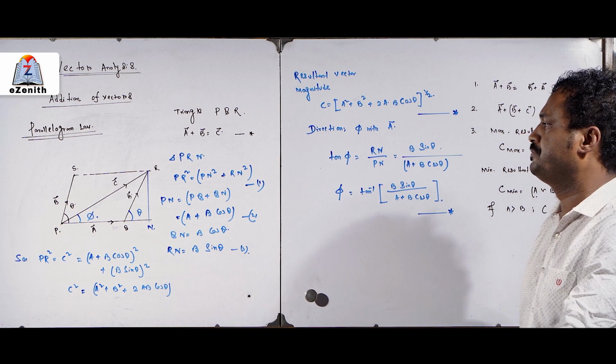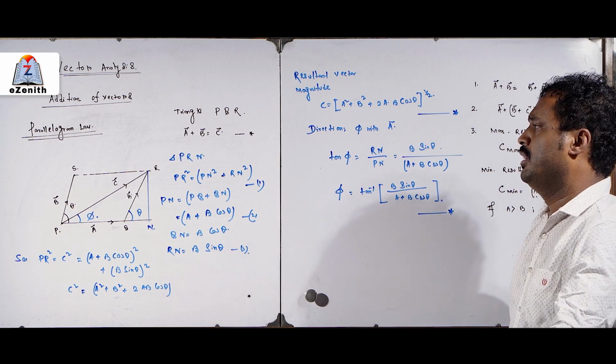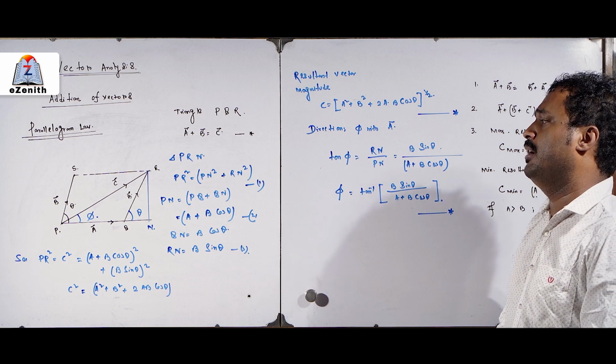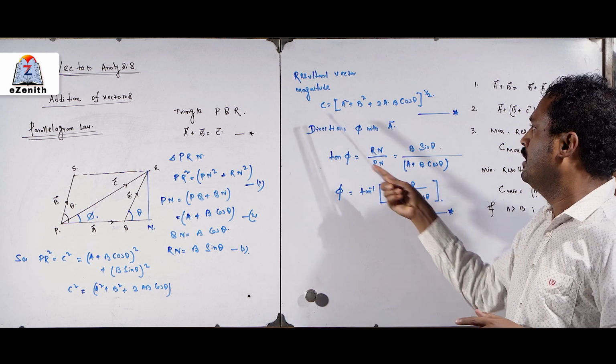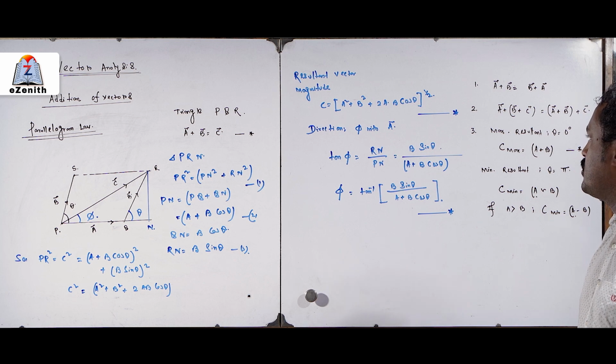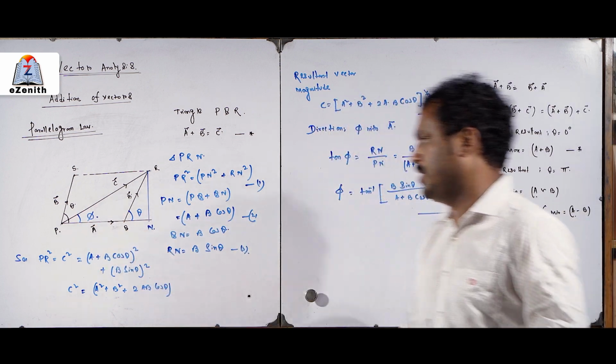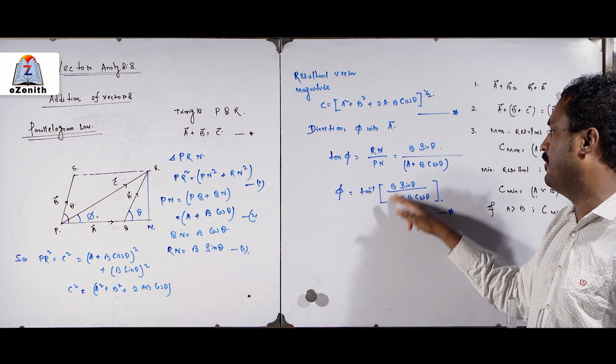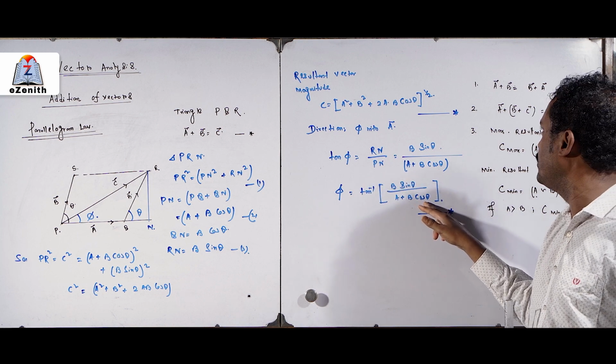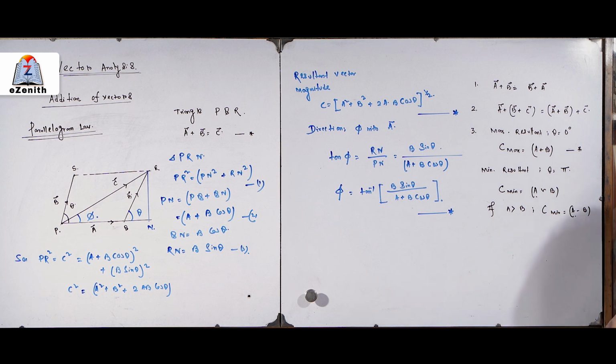We can find the magnitude of the resultant vector by the analytical method, that is C is equal to (A squared plus B squared plus 2AB cos theta) to the power half, with direction phi with the horizontal or A vector, phi equals tan inverse of B sin theta divided by A plus B cos theta. And there are three important arguments from the result: this law is commutative, it is distributive, and the maximum resultant is C equal to A plus B, while the minimum resultant is C equal to A difference B.